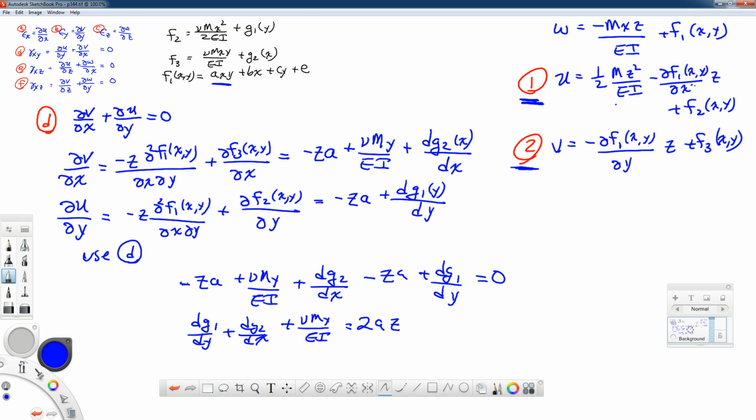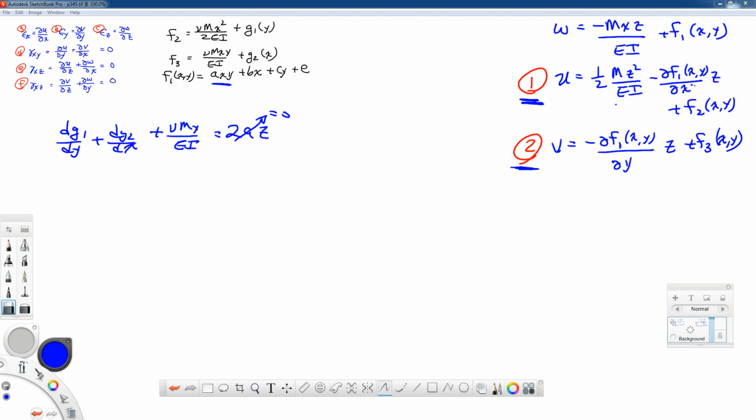Now by equating coefficients, the a term has to be equal to 0. Now if we know the a term is equal to 0, then we can separate these things out one more time.